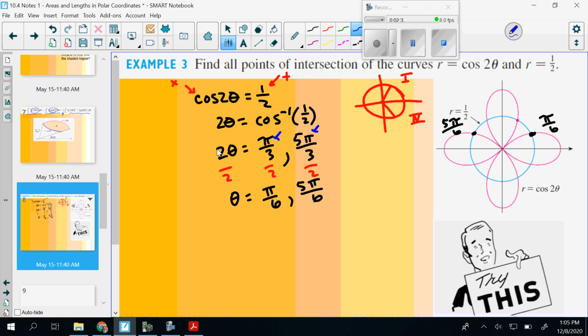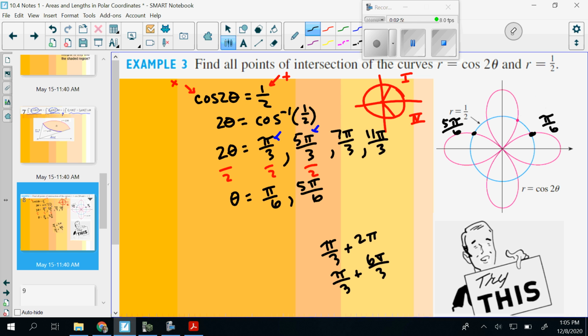So if we add 2 pi to pi over 3, let's get a common denominator there. That would be adding 6 pi over 3. So we would get that another one would be 7 pi over 3. And if we did the same thing and added 2 pi onto 5 pi over 3, we'd get 11 pi over 3.